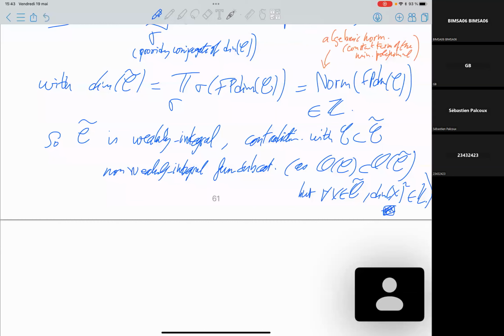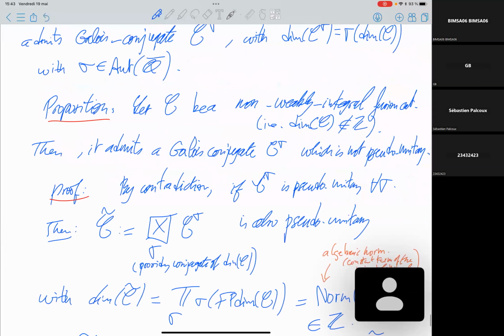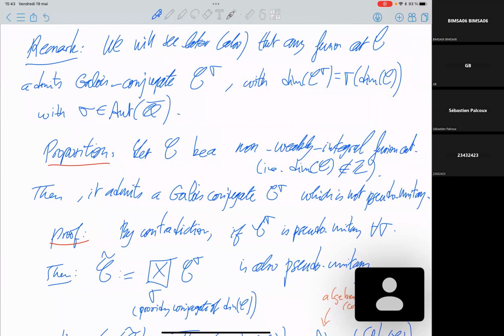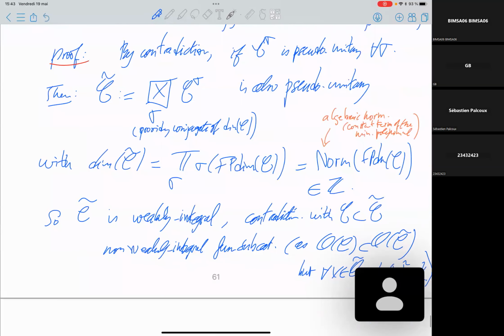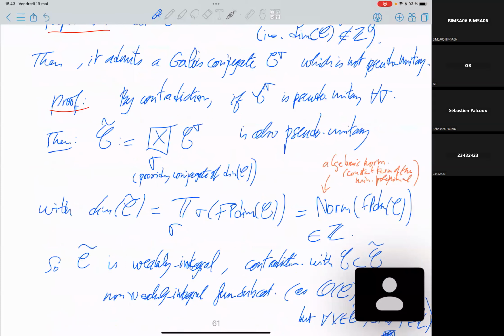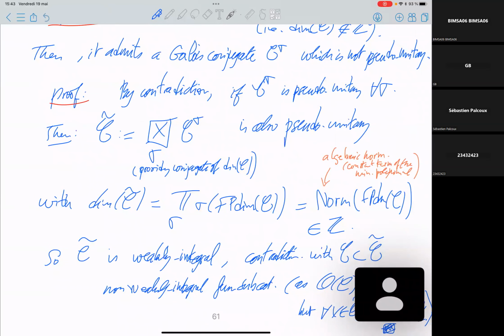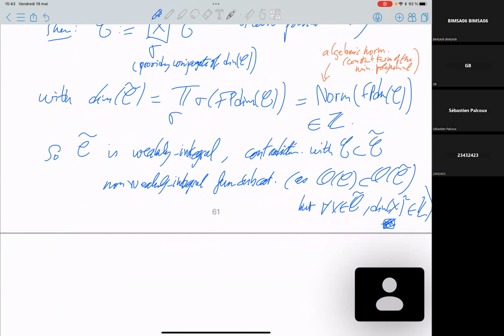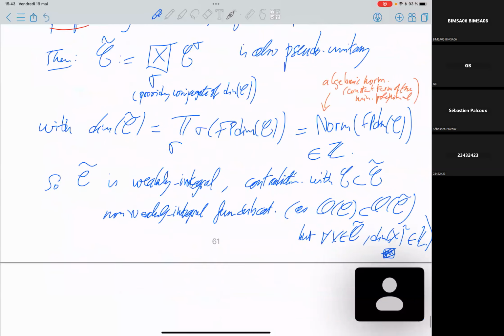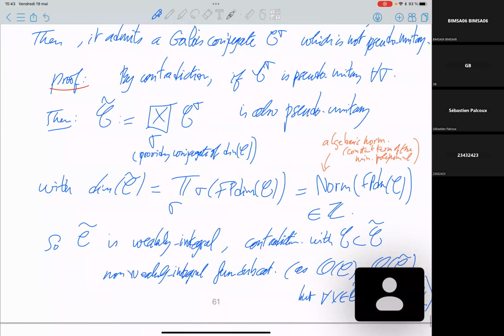So that's quite nice. You see how we use Galois theory. The notion of Galois theory in the theory of fusion tensor categories is really fundamental. The notion of Drinfeld center is fundamental. Modular categories are fundamental. Galois theory is fundamental. Very important. Okay, so that's okay for this proposition.